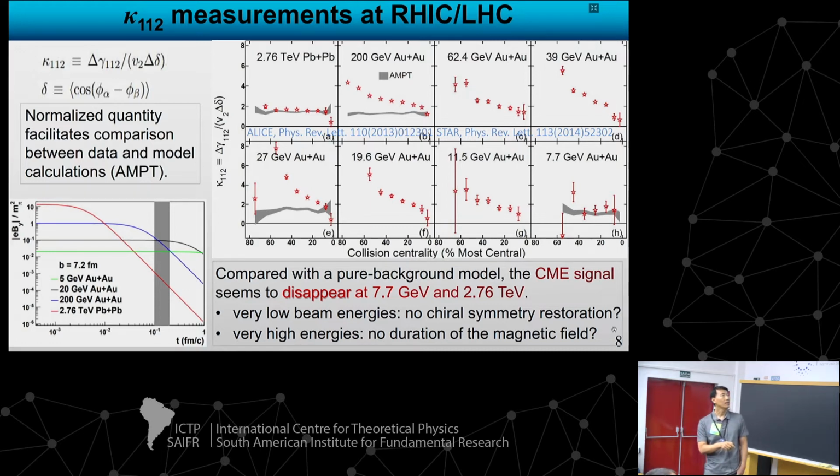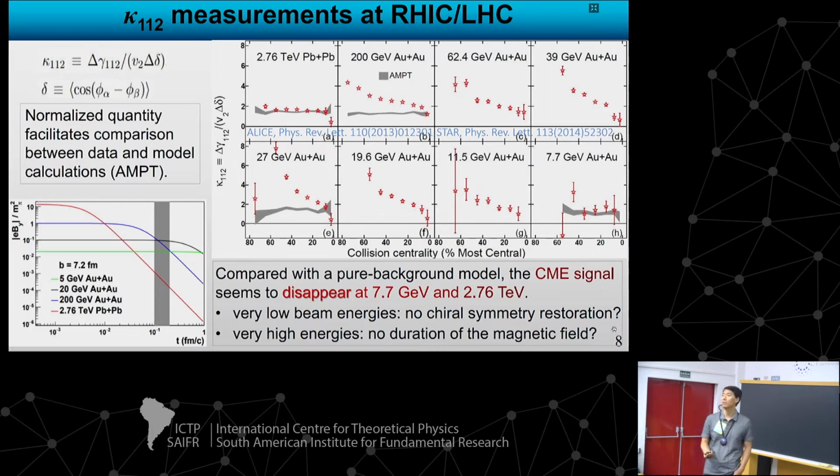Similarly, at the lowest energy, 7.7 GeV, although with large error bars, the measurement and the background are consistent with each other. But in between, like 200 GeV, 27 GeV, and others, we seem to have the observable above the background, unless we are looking at very central collisions.